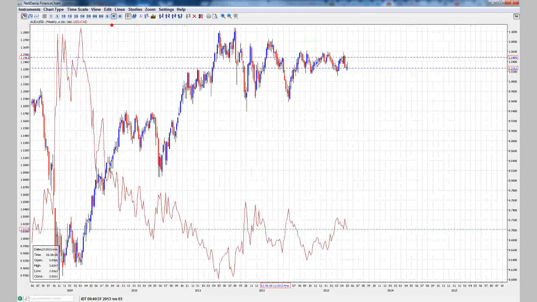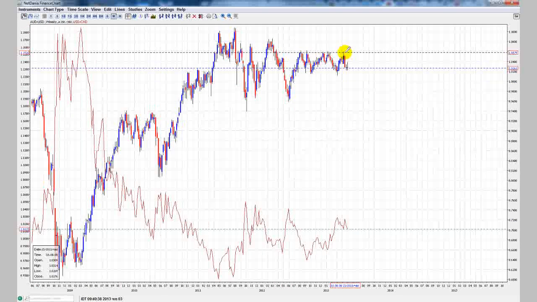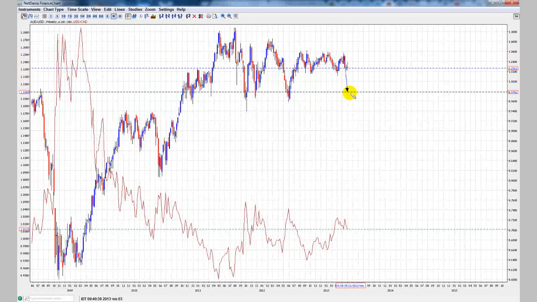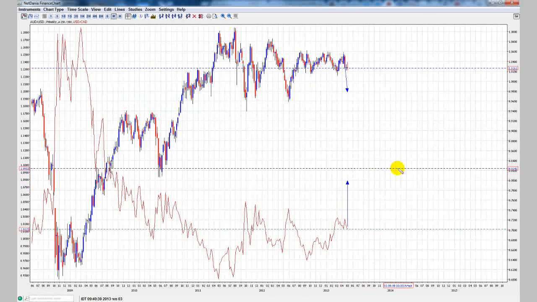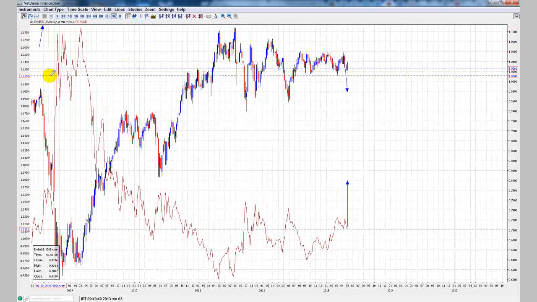What you can see here is that when the Australian dollar goes down, the dollar Canadian goes up. They are in opposite directions. There's a simple reason for that. They are both commodity currencies, and in one asset the dollar is the secondary one, and in the dollar Canadian the US dollar is the primary.